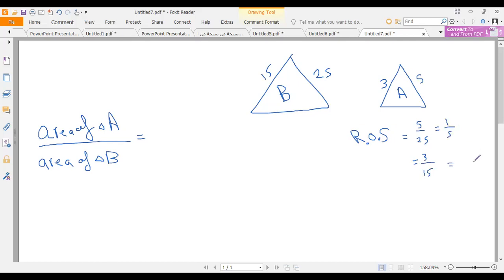Okay. So the ratio of similarity is 1 over 5, but the ratio of the area to the area will be the square of this ratio of similarity. So it will be 1 over 25. So this is the ratio of this one.